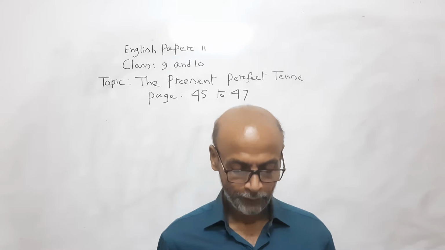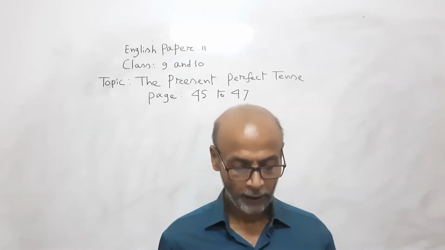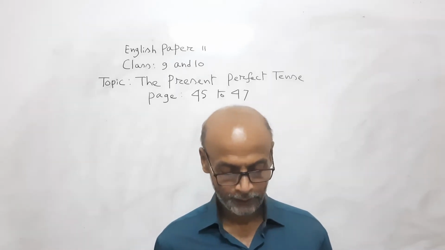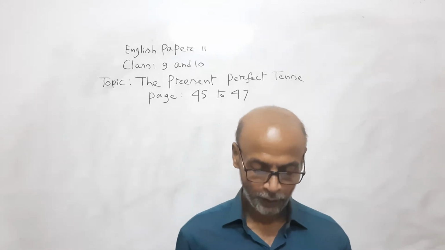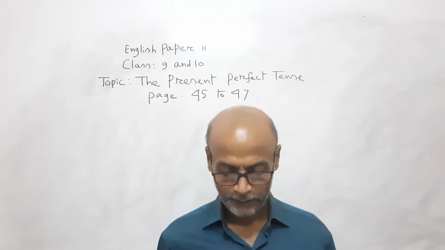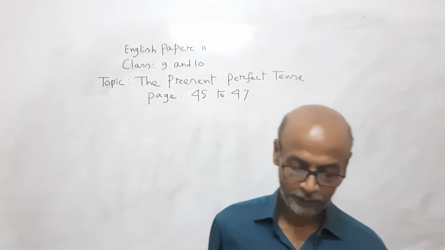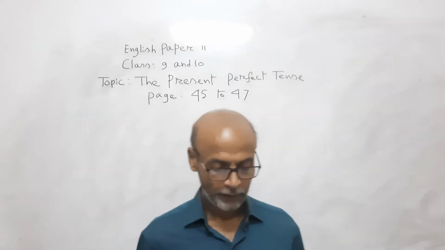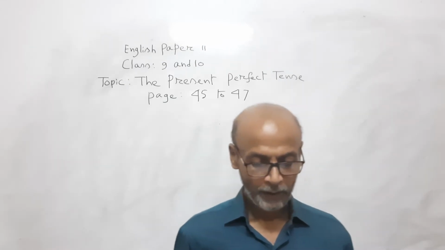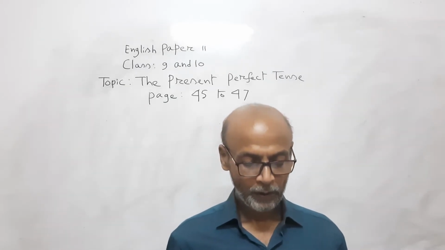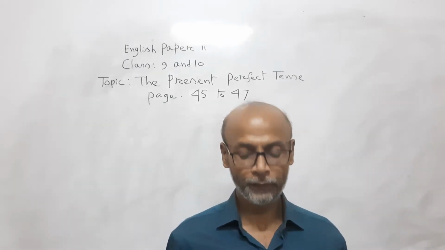Have you ever been to Nepal? No, I haven't. Have you? Yes, I have. I went there with my parents a few years back. In this dialogue, in this mini dialogue, the bold words are the uses of present perfect tense.